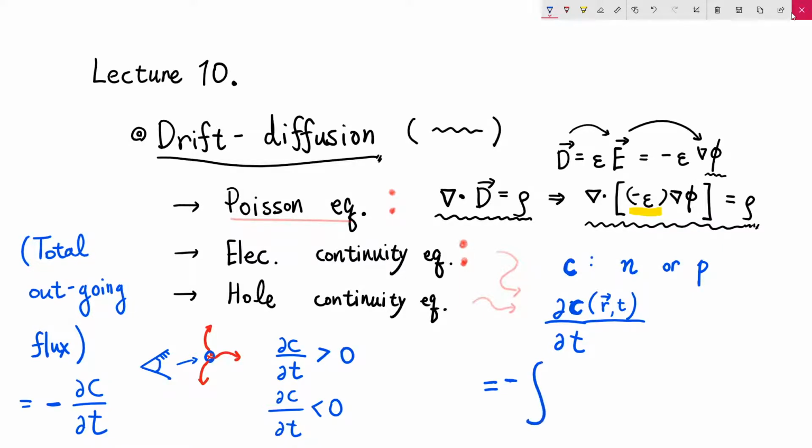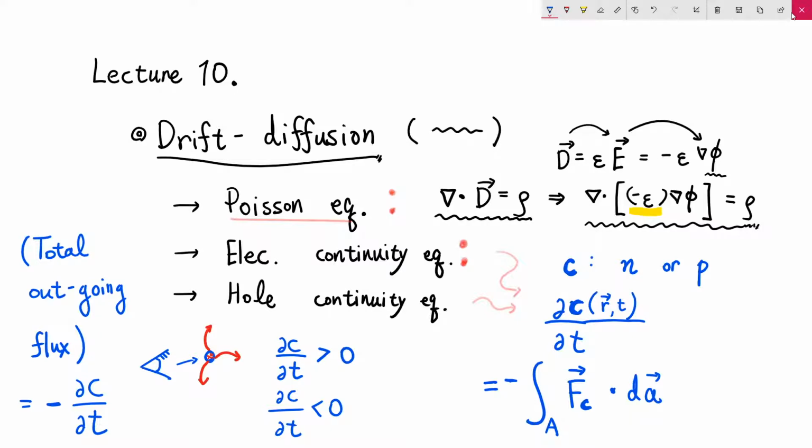Let's think about the flux of our carrier. F sub C can be either F sub N or F sub P, depending on your carrier, and we just integrate this flux over our area. So now we can consider this surface integration.